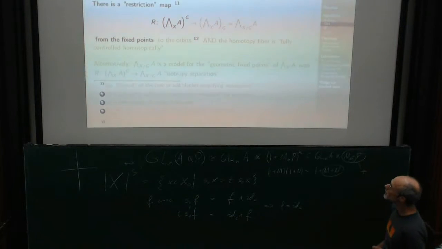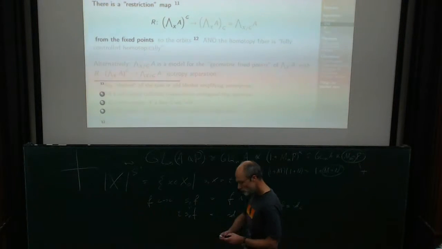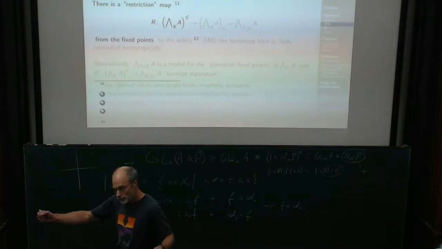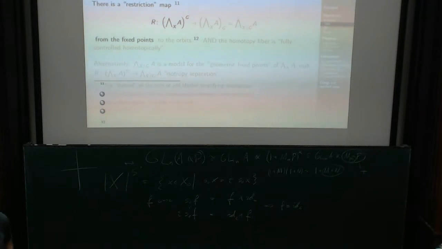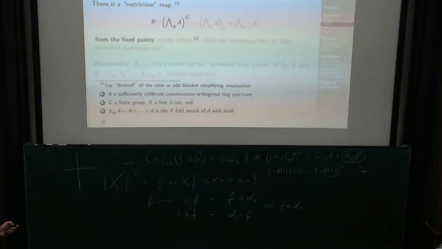You saw we were going to take lots of smash powers of the ring A with itself. So for convenience now for this presentation, I assume that A is a commutative ring spectrum. And let's see, so either I say derived or I'm honest, and I say that X here is a free G set where G is a finite group and A is sufficiently cofibrant.